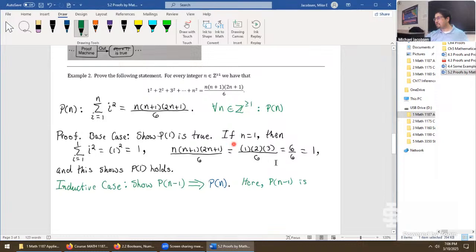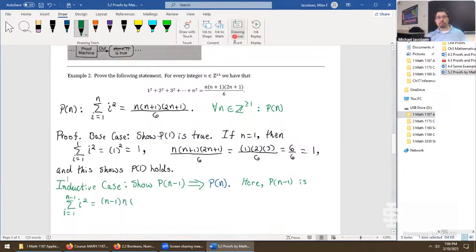But keep in mind, we're throwing in n minus 1. So 1 changes up here on the red dot. It's a summation as i goes from 1 to n minus 1 of i squared. And it changes all the values here. This will be n minus 1. This is n minus 1 plus 1, so just n.